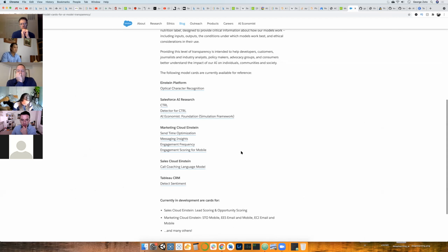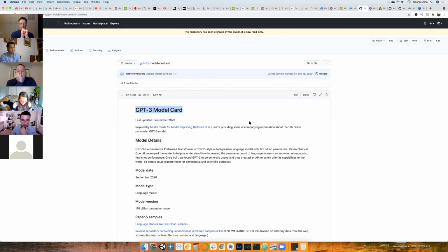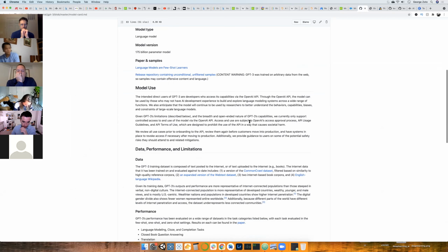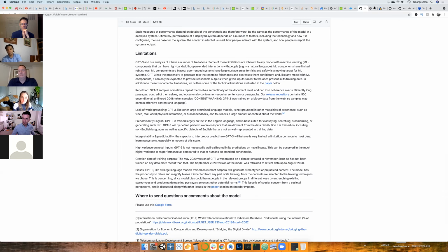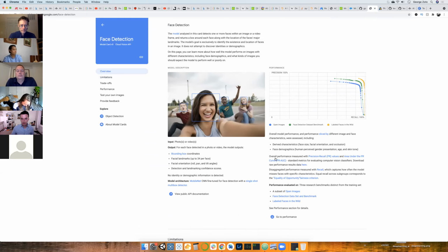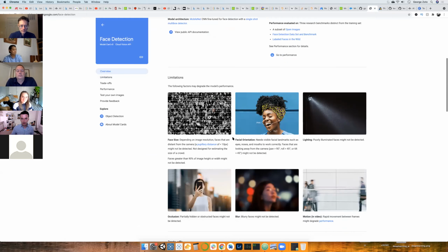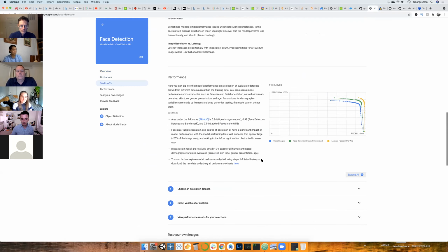Salesforce has, I think, a card for different models here. GPT has a very simple one as well. Performance data, limitations. I like the one from Google here on face detection. As you can see, this is, I think, live data. So if you retrain your model, you should be able to see the limitations, trade-offs, and performance.